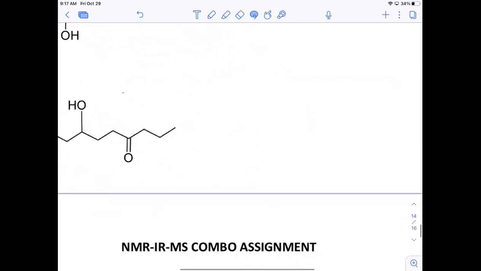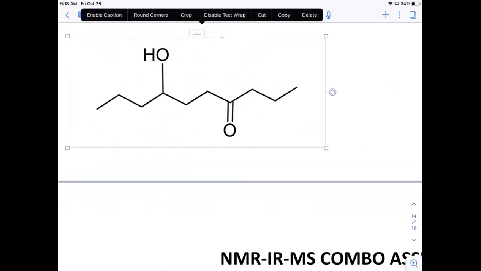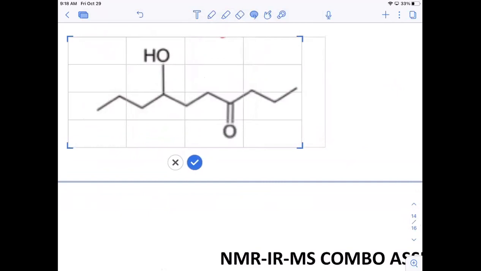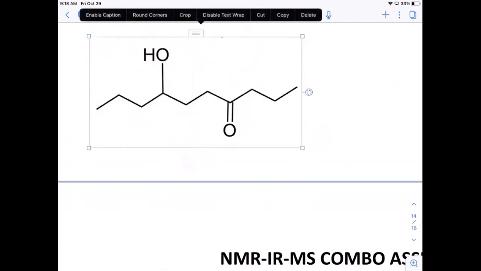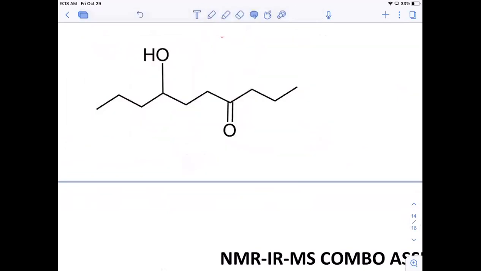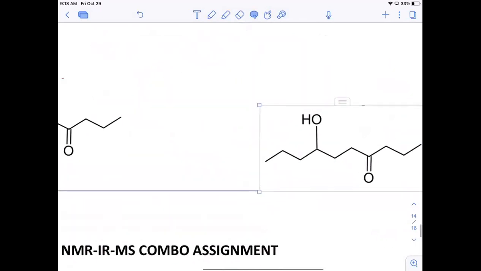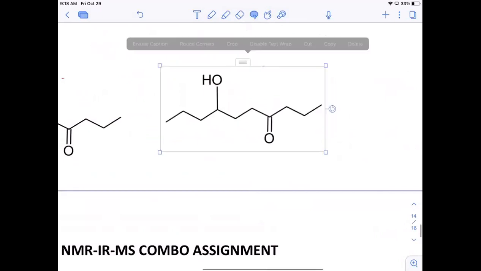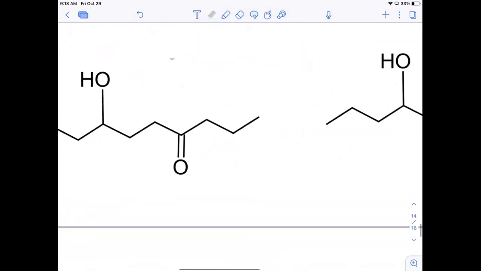The other functional group, the ketone, you can do the same thing. Let me paste it twice. With that ketone, it's the same thing. I can break this bond right here.